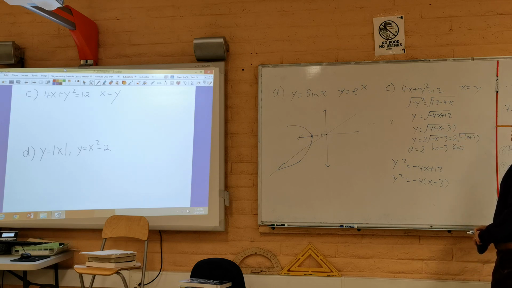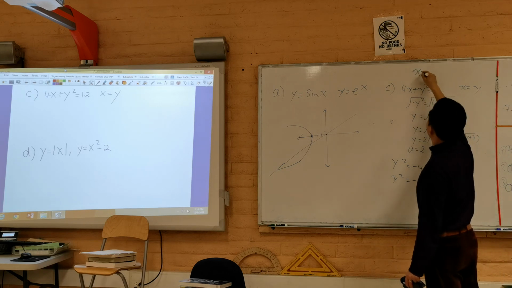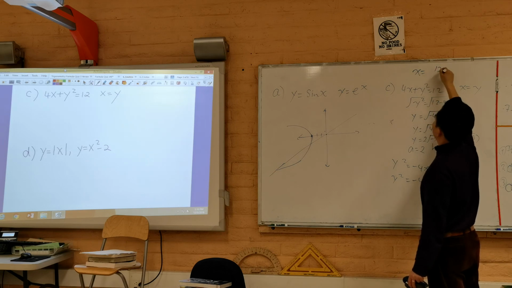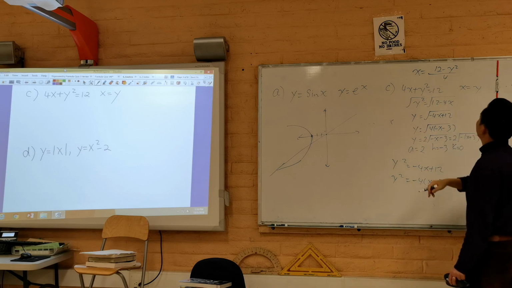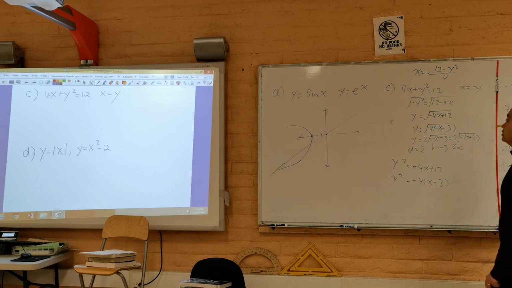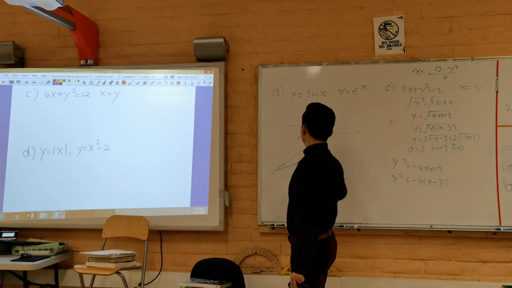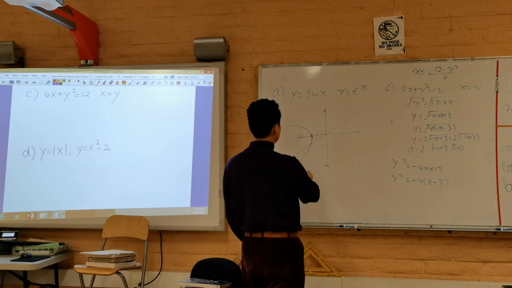Another way that you can do it, you can just set x equals 12 minus y squared over 4, and then we just set that equal to y. Because once you solve for y, that would be the lower bound and the upper bound.